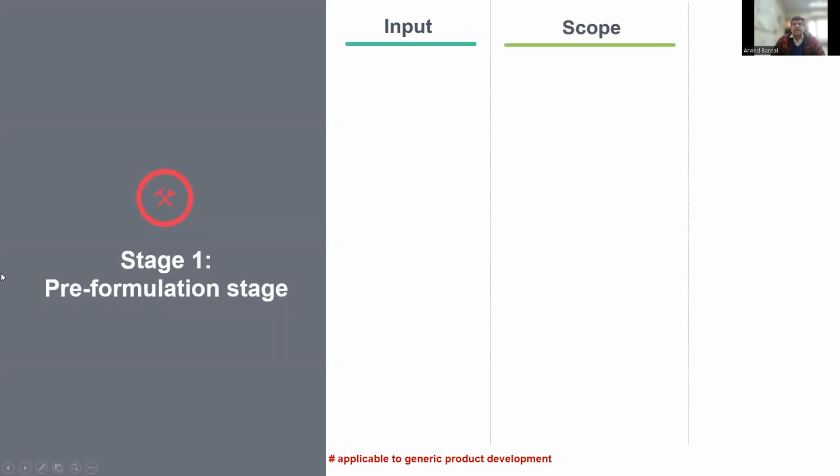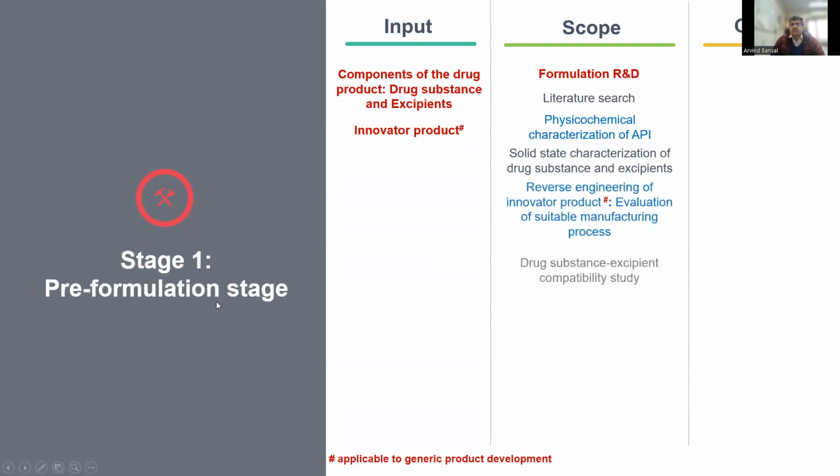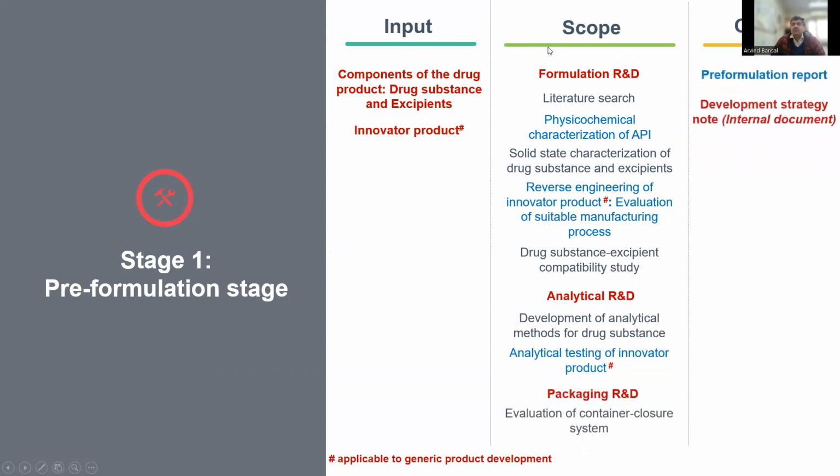Let us now look at stage 1 of the development, which is also known as the pre-formulation stage. We will look at the inputs required for this stage, the scope of activities in this stage, and the output that ultimately comes out from the different activities.